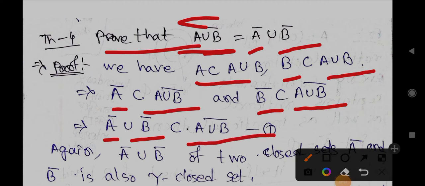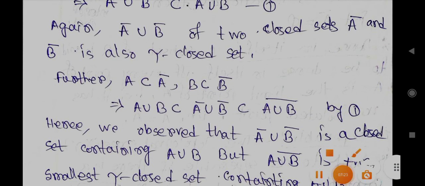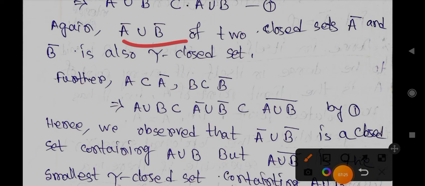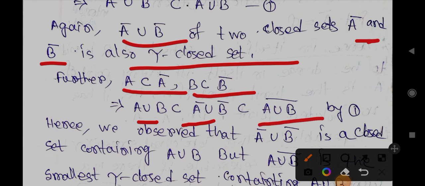Again, A bar ∪ B bar, a union of two closed sets A bar and B bar, is also a τ-closed set. Further, A ⊂ A bar and B ⊂ B bar implies A ∪ B ⊂ A bar ∪ B bar ⊂ closure of (A ∪ B) by 1.